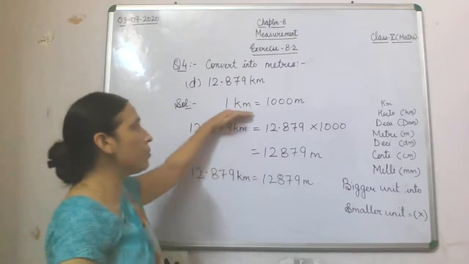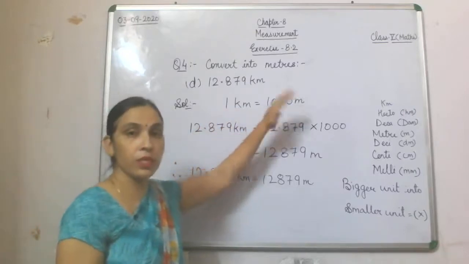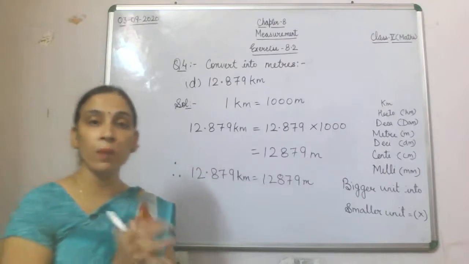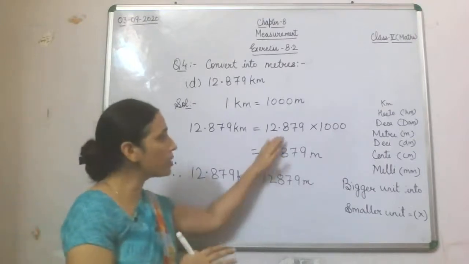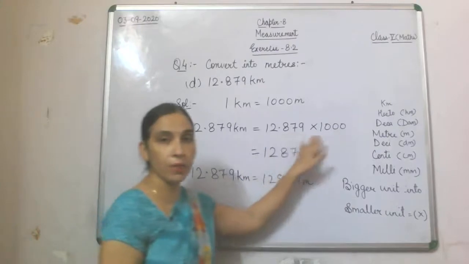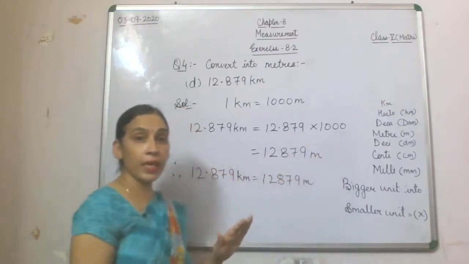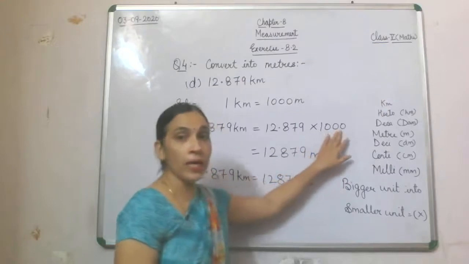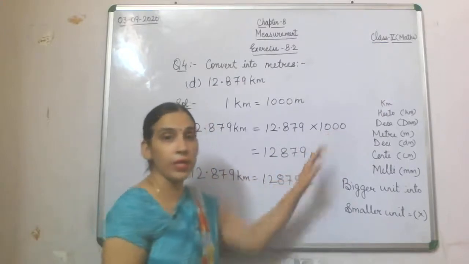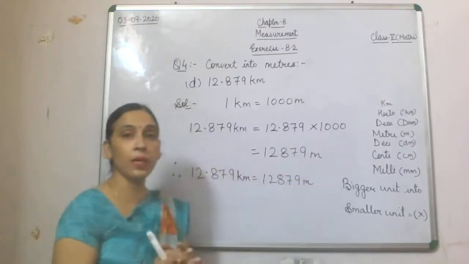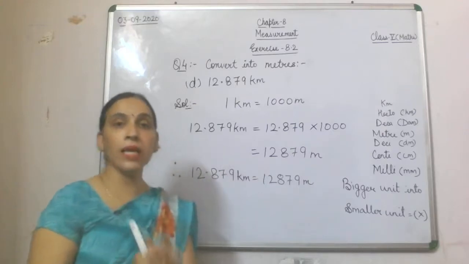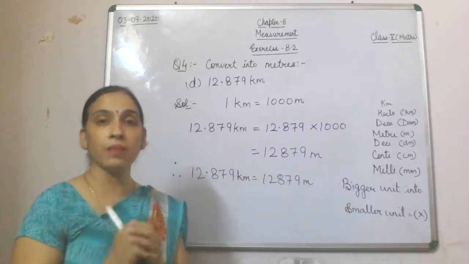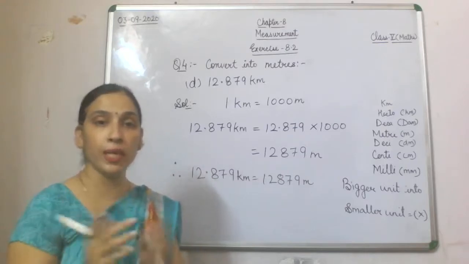Now in 1 kilometer we have 1000 meter. It means the given decimal number will be multiplied by 1000. What have we done? We have done the multiplication. Now see carefully, when multiplying a decimal number by 1000, the decimal is required to shift 3 places towards the right.